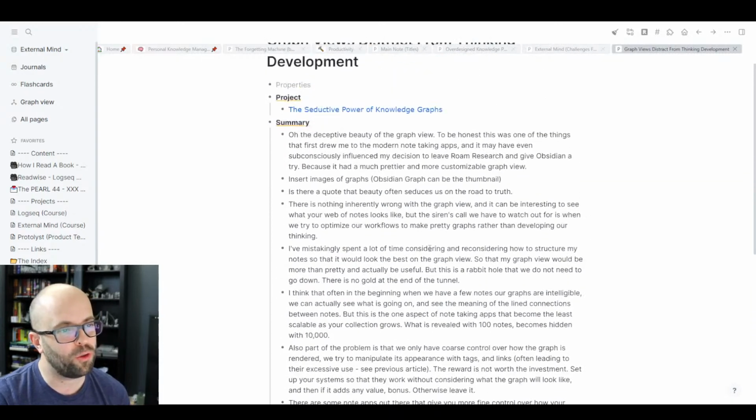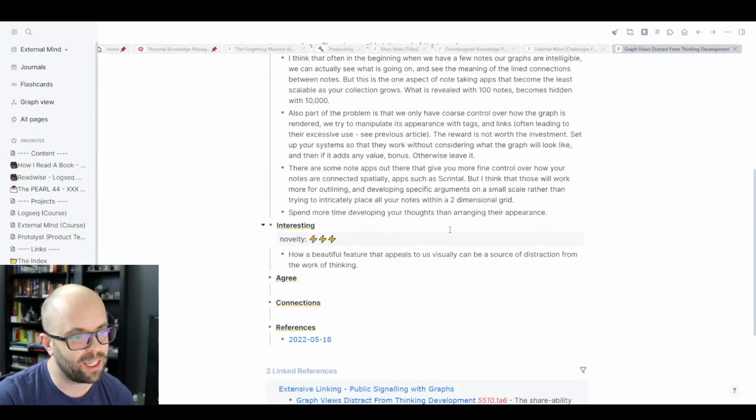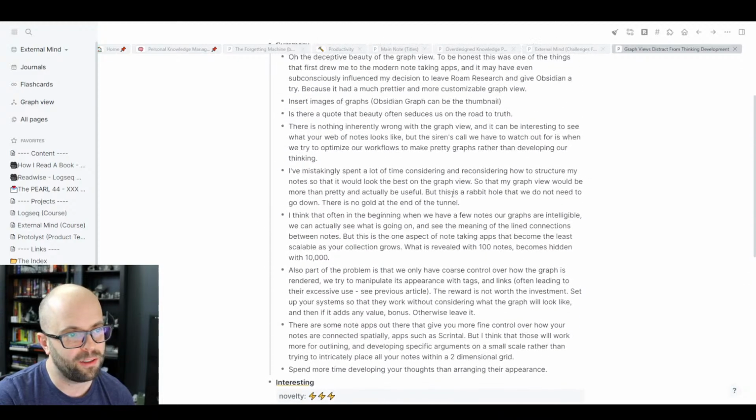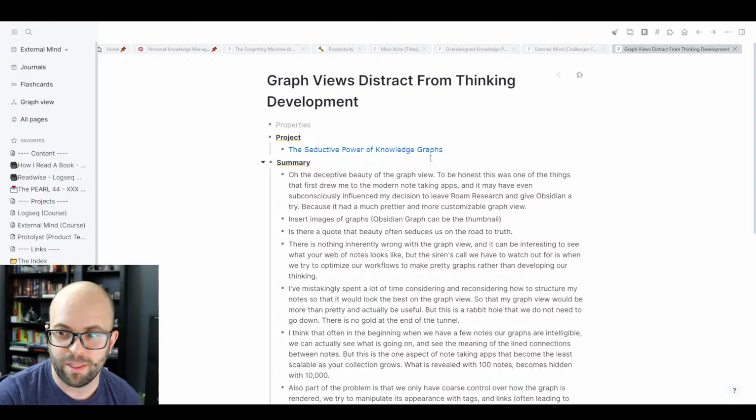Yeah, see, this was an old note. I didn't put in those index notes to make it more discoverable. So this is an example of an old style note that I created. But if you look for me on Medium, I have an article on the seductive power of knowledge graphs, which covers why I don't use it.